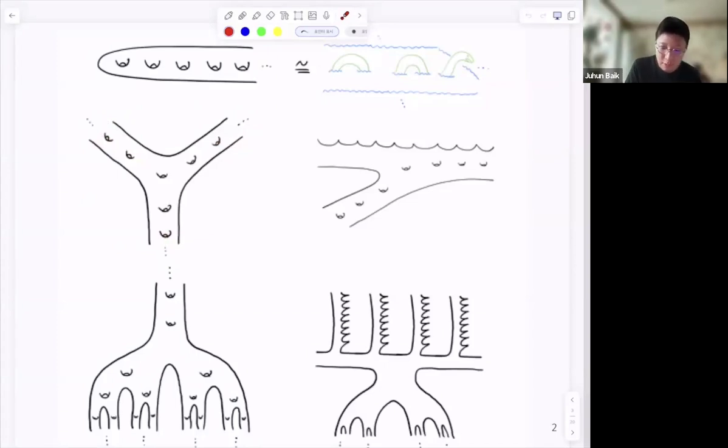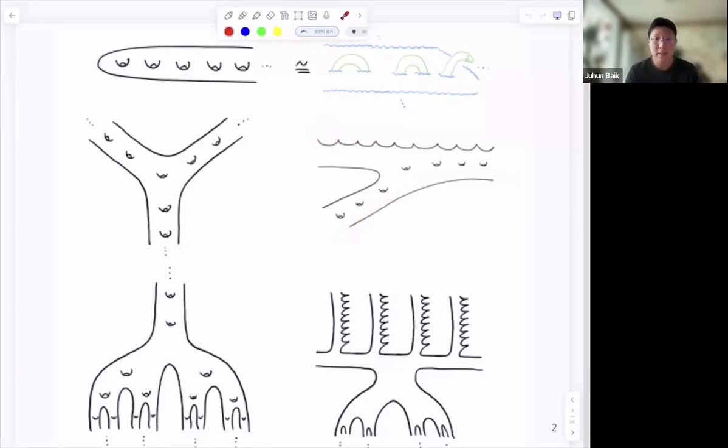You can also consider punctures. In my drawings, a cusp denotes a puncture. So we have infinitely many punctures going to the right and to the left, and infinitely many genus going to the right and to the left. This can be another example of an infinite type surface.